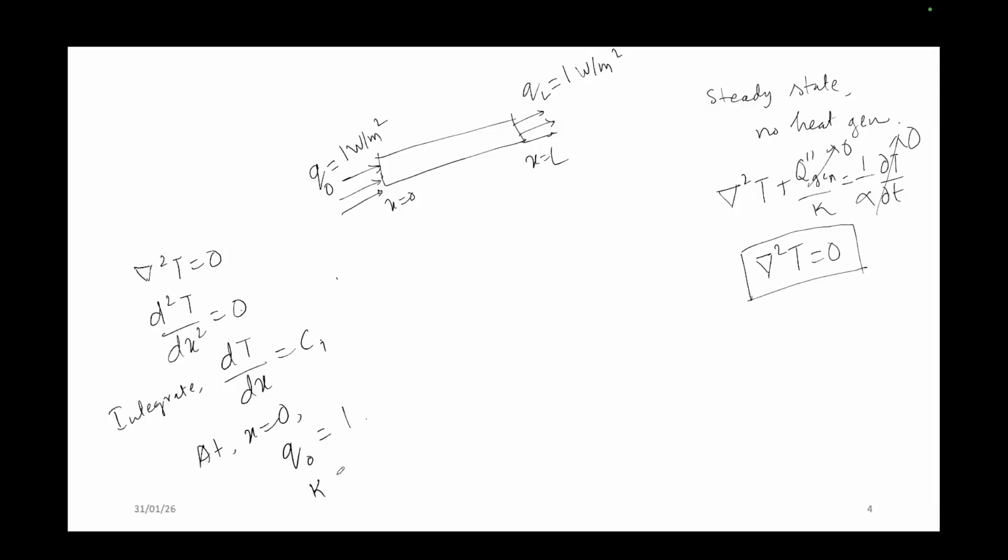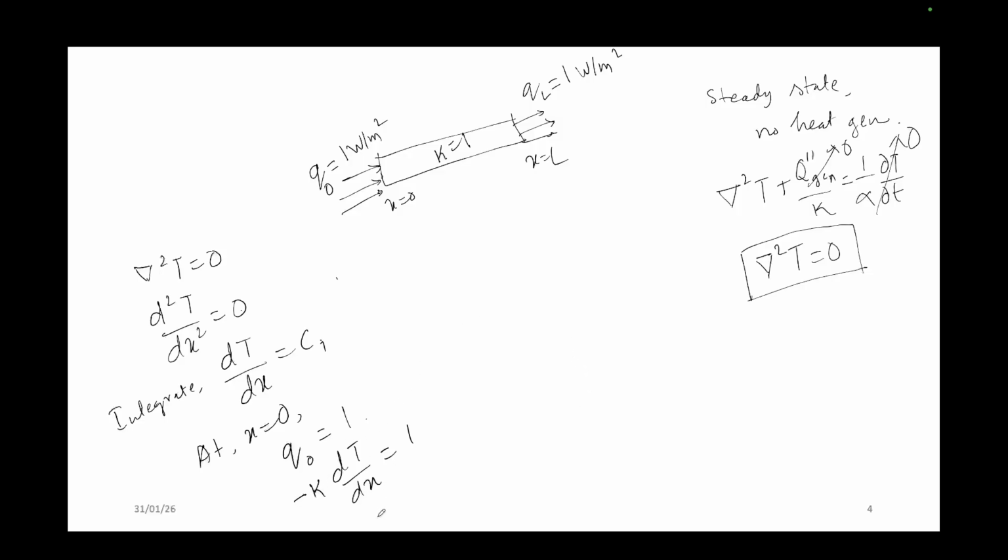That means minus k del T del x equal to 1. Say I consider this k as 1. For this question, if I consider this k as 1, what will I get? What is the value of c1? Sorry, there is a minus.